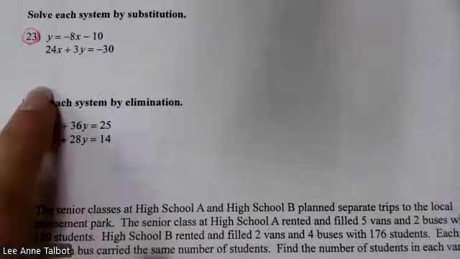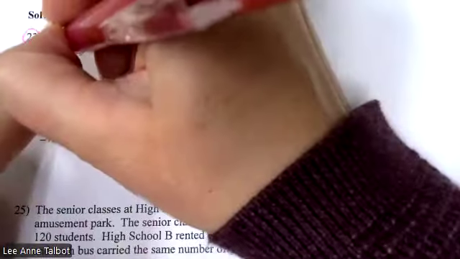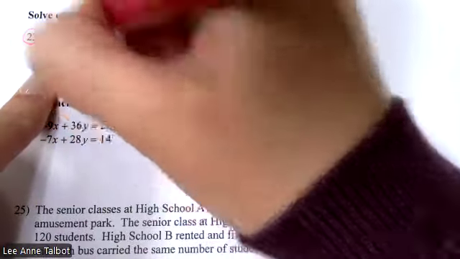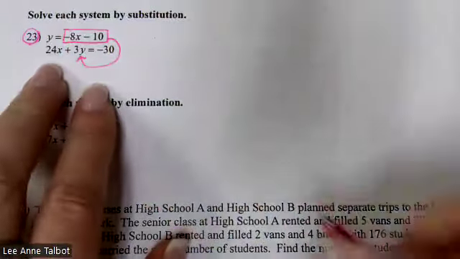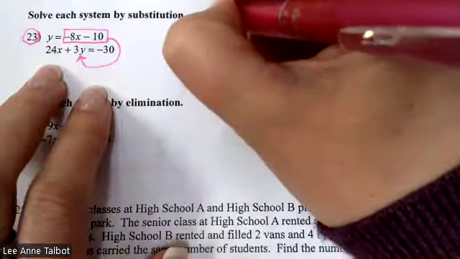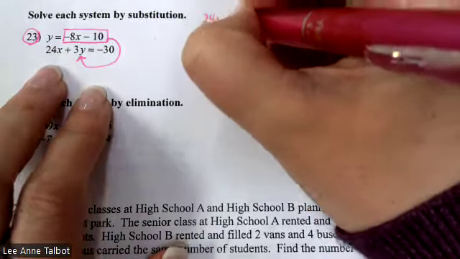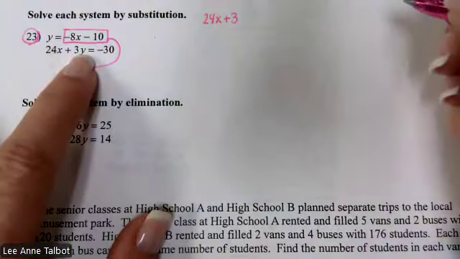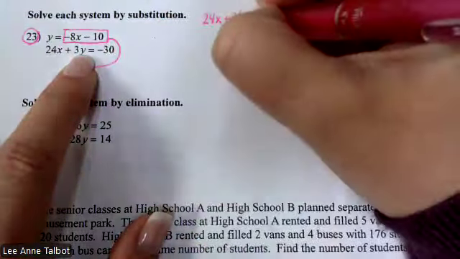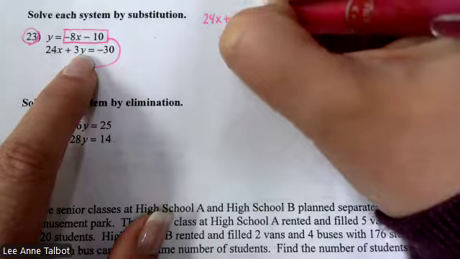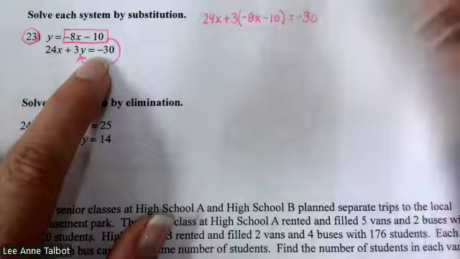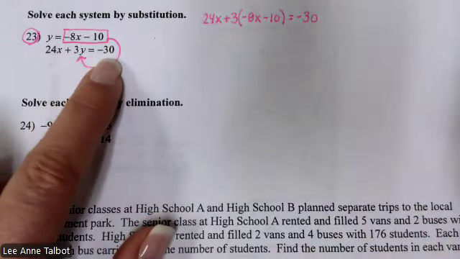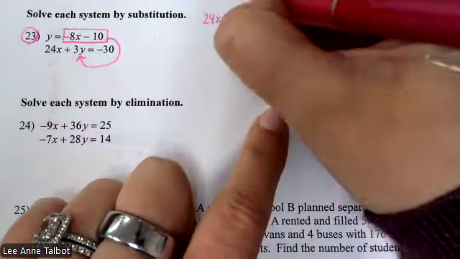Okay, 23. Solve each system by substitution. Put a box around this and plug it in for y in the other equation. So 24x plus 3. And then y is going to become what's in the box, equals -30. Distribute.